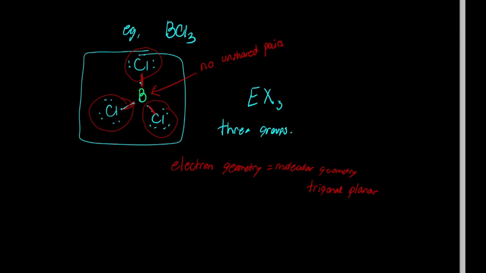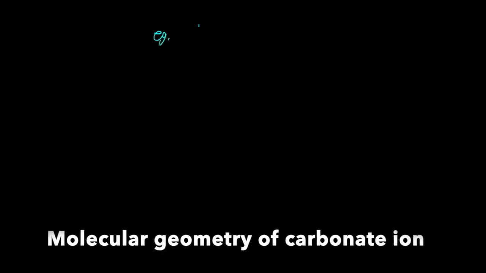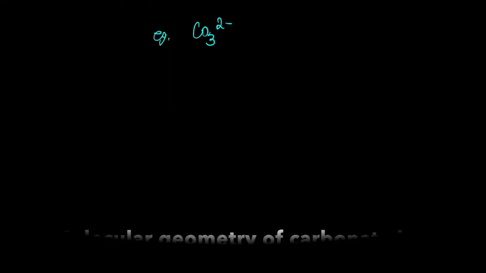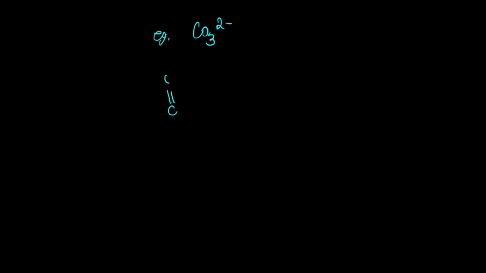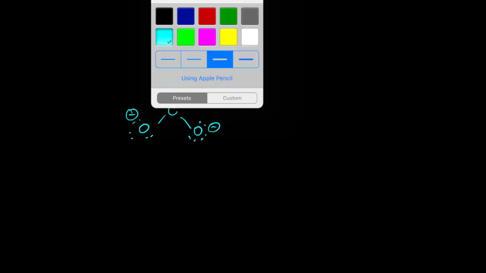Check your learning. So we're supposed to do carbonate now. Now, carbonate, we've drawn this structure before in the earlier part of this lecture, so I'm just going to slap it up here to save some time. We can just look at one resonance structure. So let's draw this one here and analyze it.